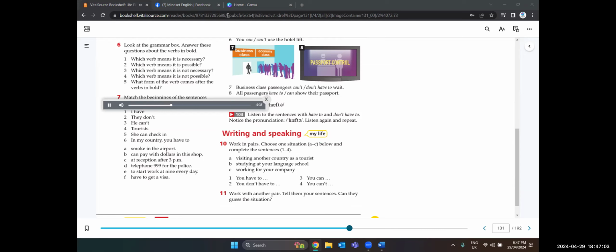Guests have to leave their room before 11 a.m. 4. Guests don't have to pay. 7. Business class passengers don't have to wait. 8. All passengers have to show their passport.